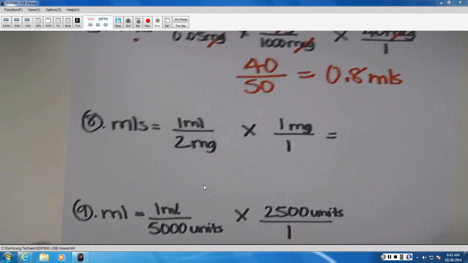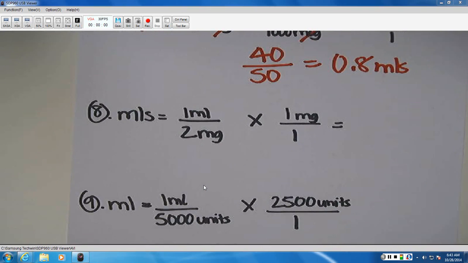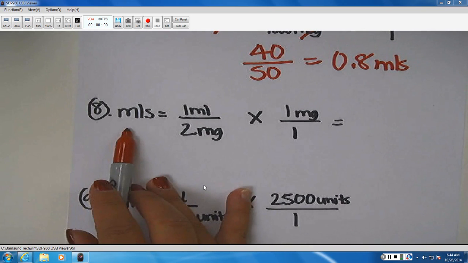Next one. Number 8, the physician prescribes Stadol 1 milligram IV every 4 hours for a patient with a below-the-knee amputation. Stadol 2 milligrams per ml is what is available, or what we have on hand. How many milliliters will the nurse administer? So again, I'm solving for milliliters.